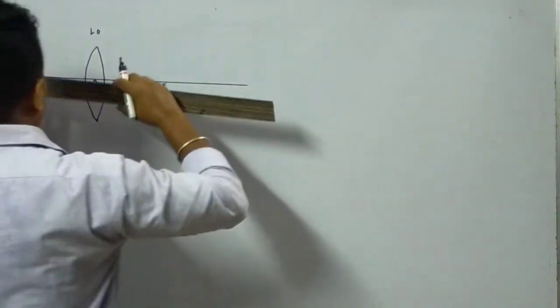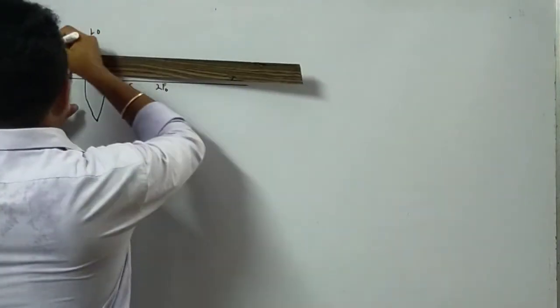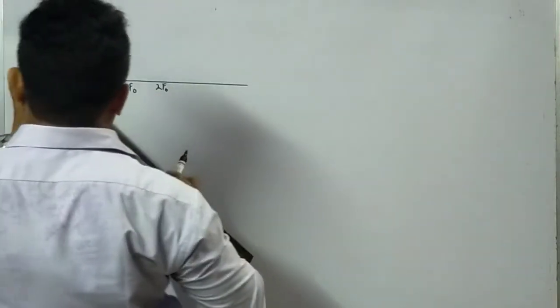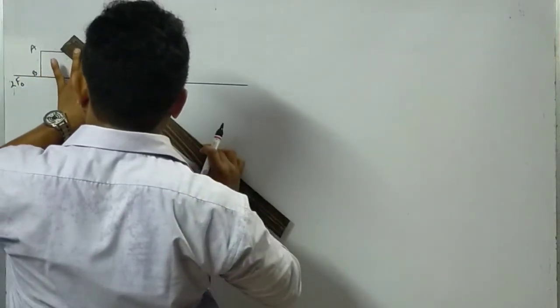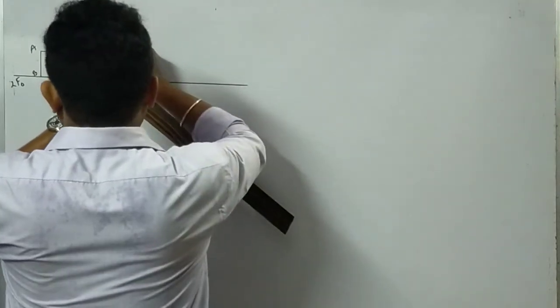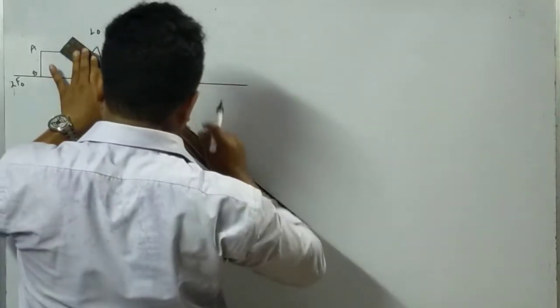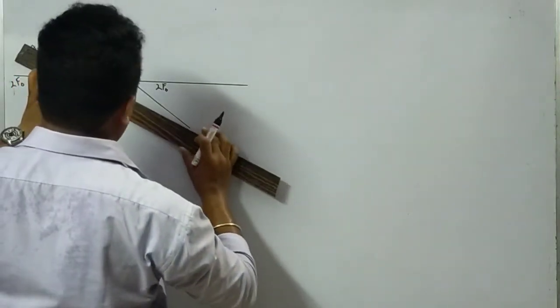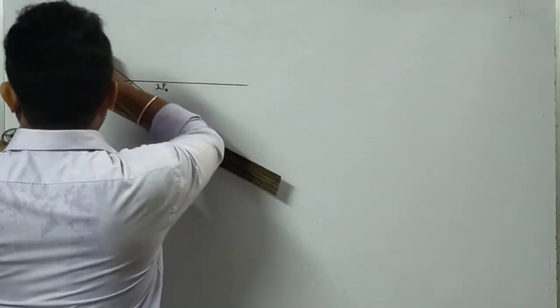Now where will the image be formed in this case? This ray will go parallel to the principal axis. After refraction, it will pass through the focus. This ray that passes through the optical center will remain undeviated.